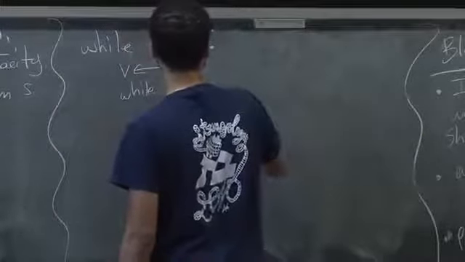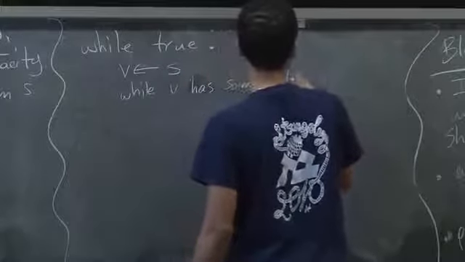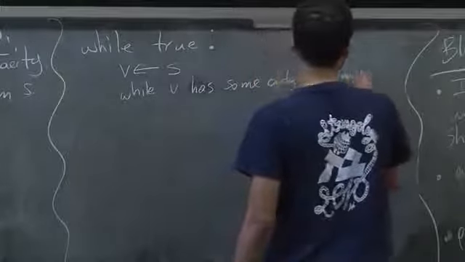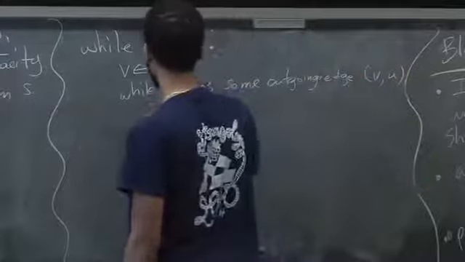While V has some outgoing edge, let's say VU, I'll advance.